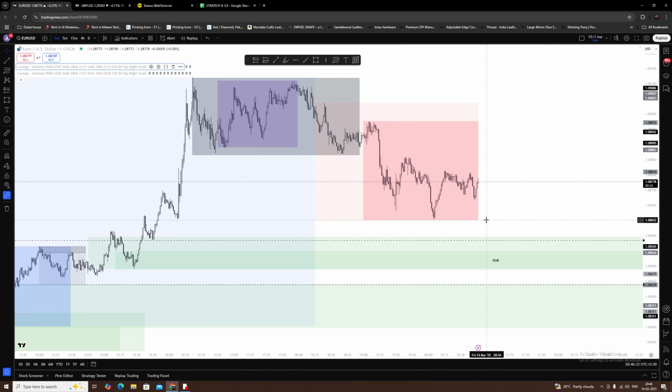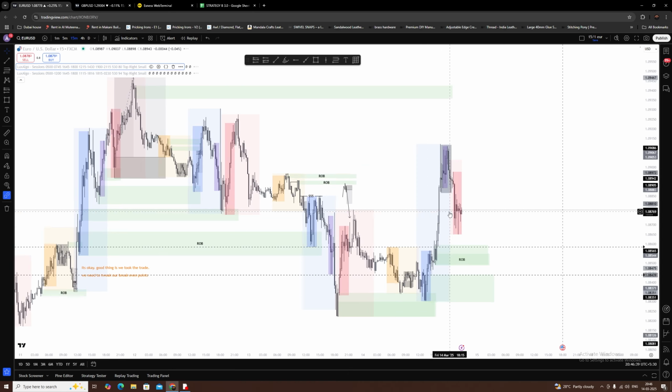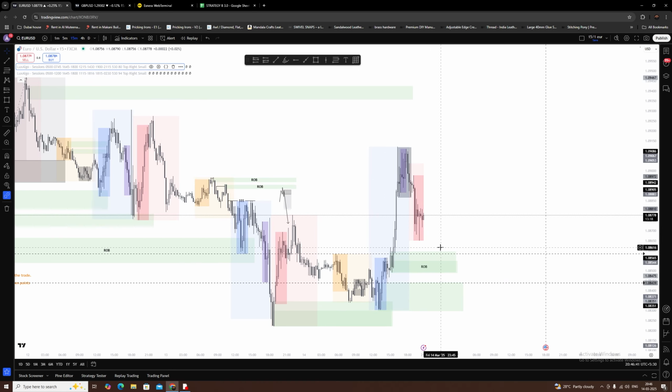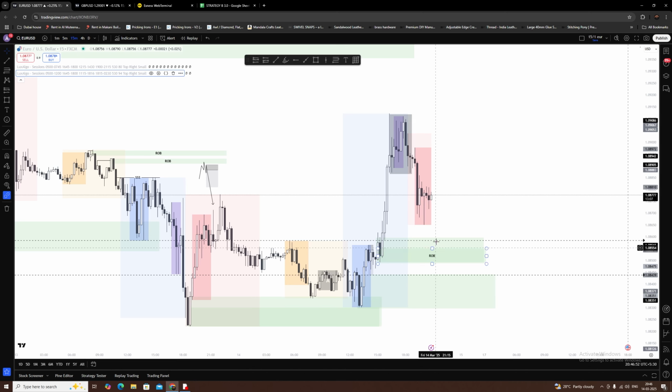The Euro USD is not. Hasn't tapped here yet. Unless it taps here, we will not be taking any trade.